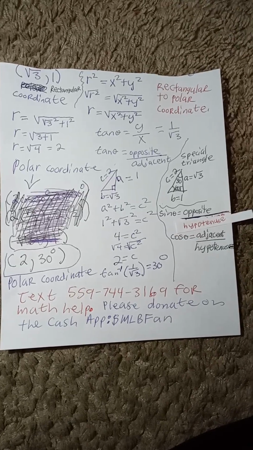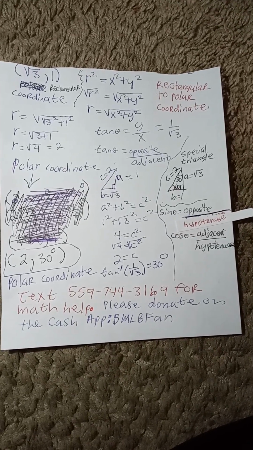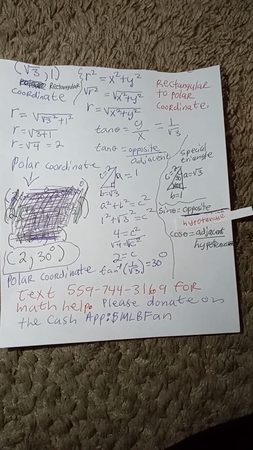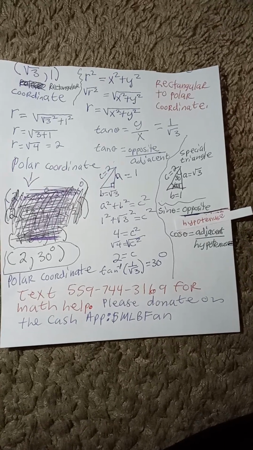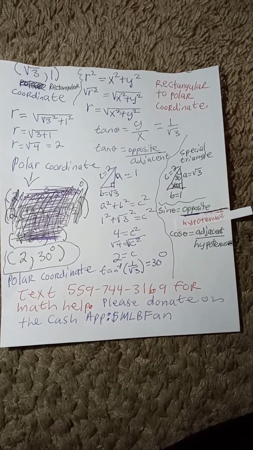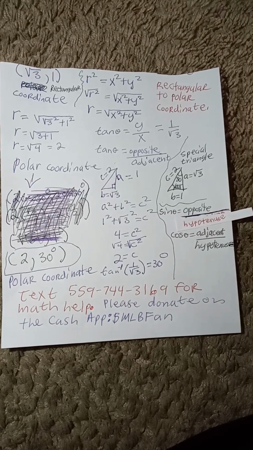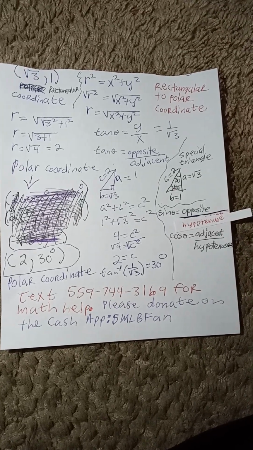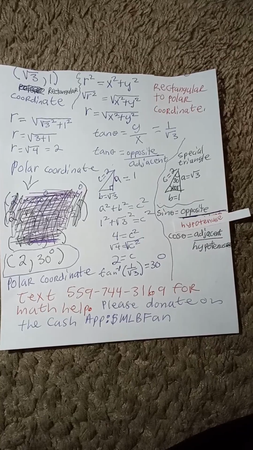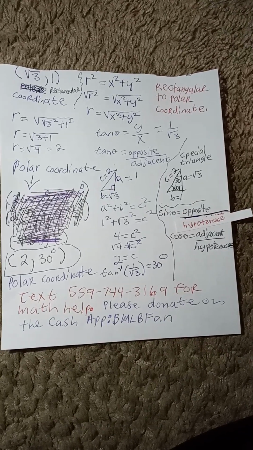Now, x is square root of 3 and y is 1. So we plug x and y into the r equation, r is equal to the square root of x squared plus y squared.